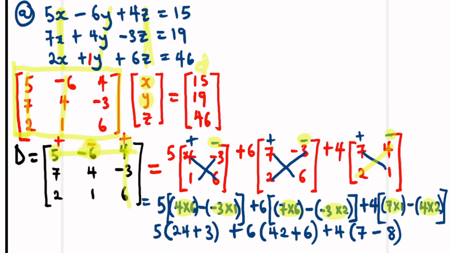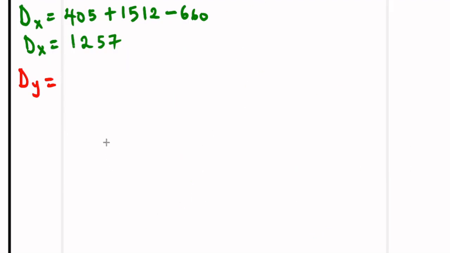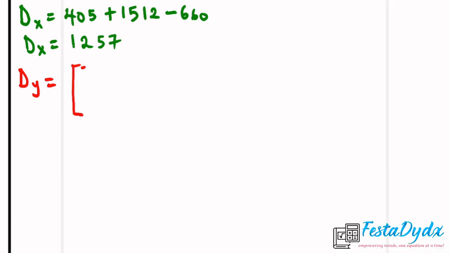So now the x remains the values they are supposed to be, which are 5, 7, and 2. Now we're replacing the coefficients of y to be 15, 19, and 46. Then the values of z remain what they are, which are 4, minus 3, and 6.